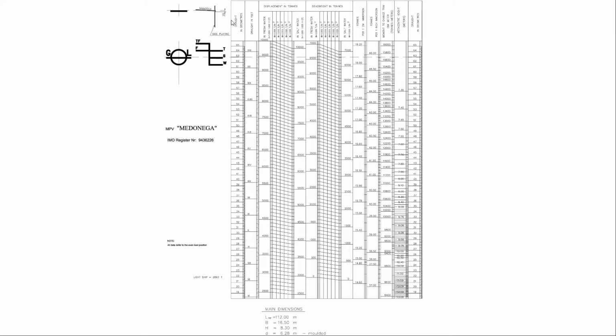Looking on the top of here, we see various columns. The leftmost is draft in decimeters. So a decimeter is just 10 centimeters, so in this case 60 would be 6.0 meters. Additionally given is draft in feet for those of you who still like to use archaic units.